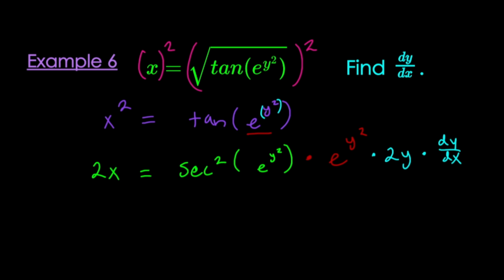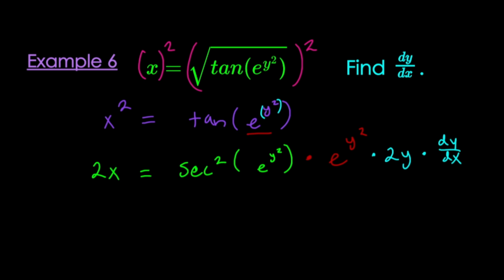That is an intense chain rule problem because this expression has many composition layers. If you think about the operations that happen to y: got squared, then you raised e to that power, then you took the tangent of that result. The more operations you have in a certain order, that's how many layers your chain rule is going to have.